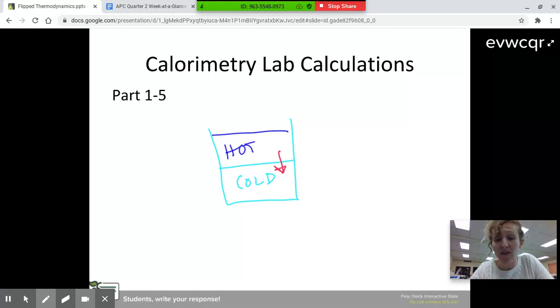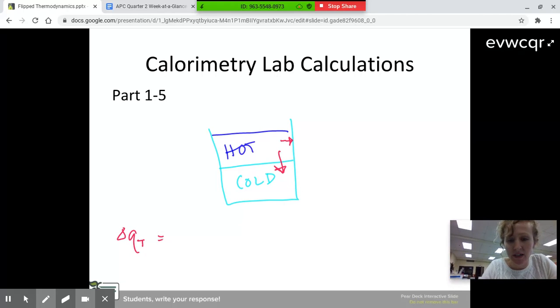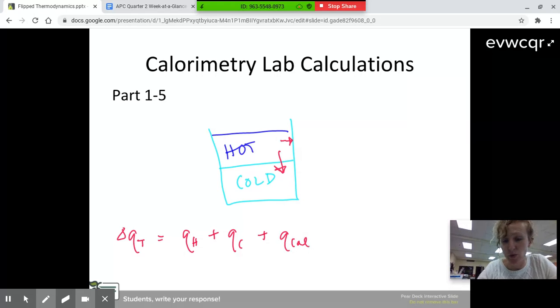But we also have energy transfer from the hot water into the calorimeter. And so what your final heat transfer, what your Q total should be, is Q of your hot plus Q of your cold plus whatever the calorimeter absorbed.